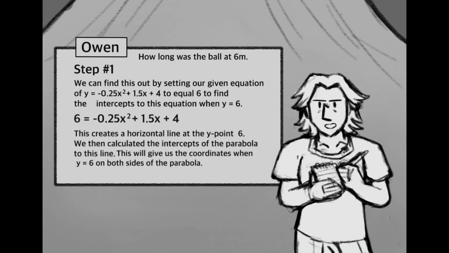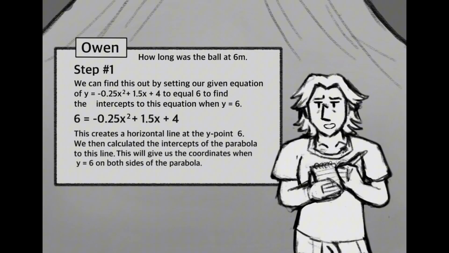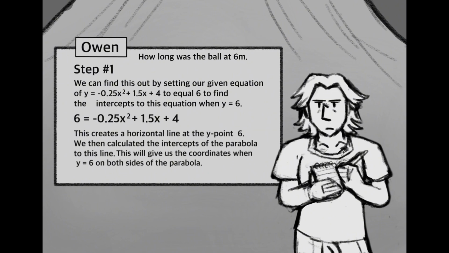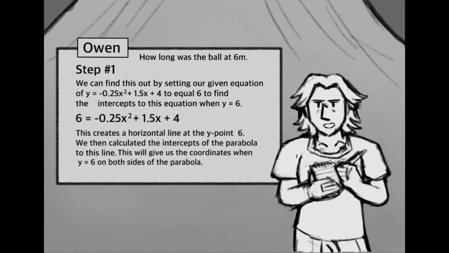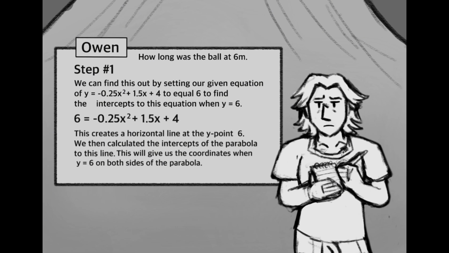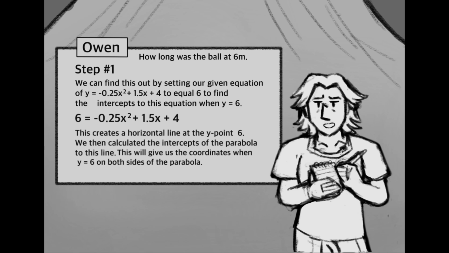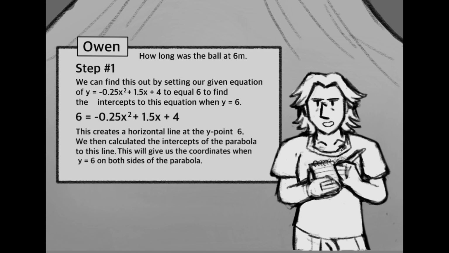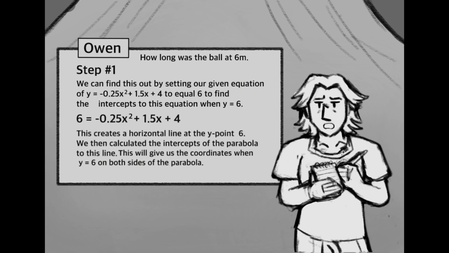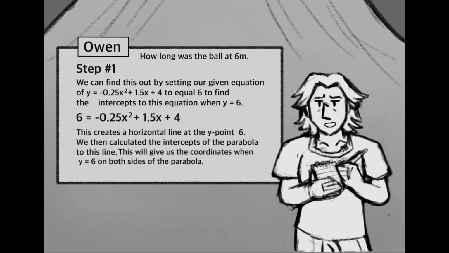Step 1. How long was the ball at 6 meters? We can find this out by setting our equation y equals negative 0.25x squared plus 1.5x plus 4 equal to 6 to find the intercepts of this equation when y equals 6.